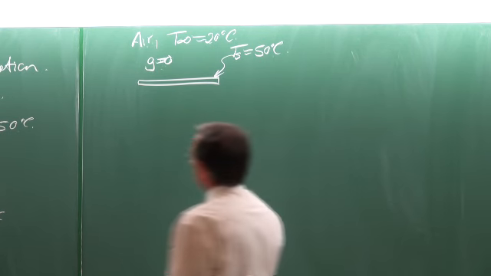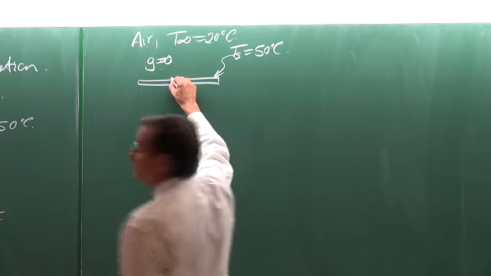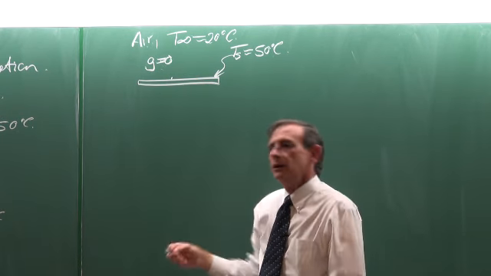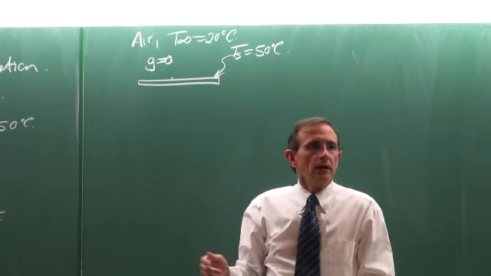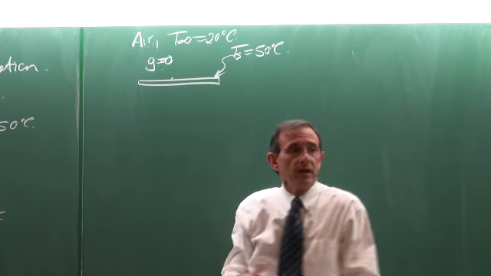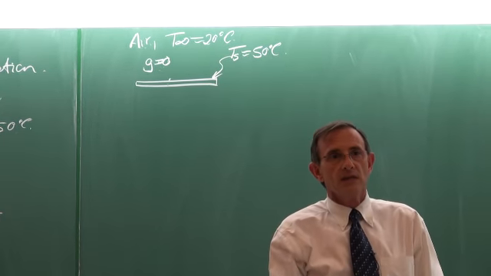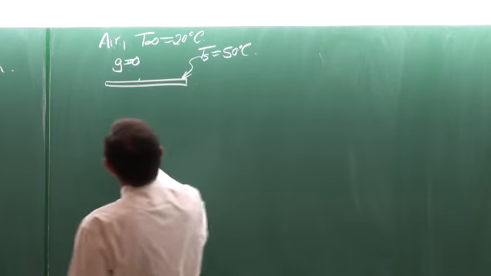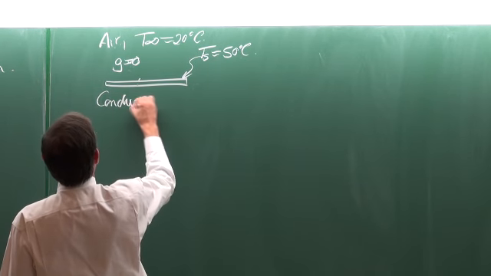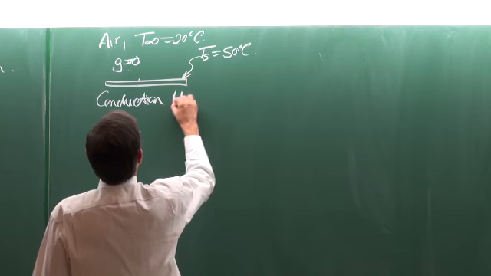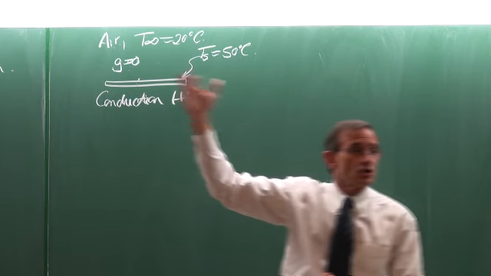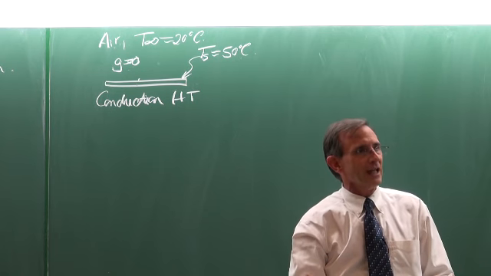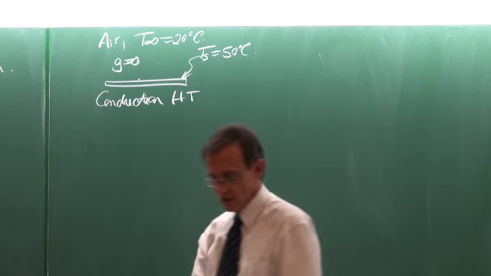So that molecule is going to be heated. Now what is it going to do? It is going to be excited, and it is going to bump against another one, and the mechanism now is conduction heat transfer. So in the limit now, we have here conduction heat transfer. And it doesn't matter if it is a gas or a liquid. We can have conduction heat transfer in a gas or a liquid also, in the limit.